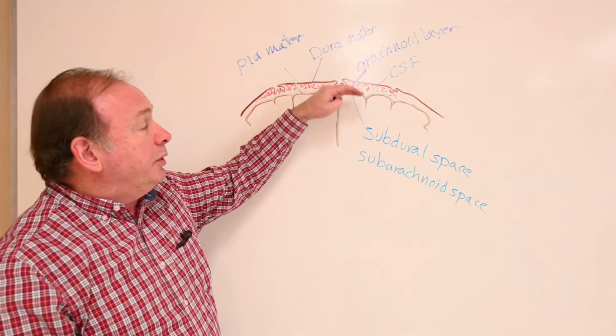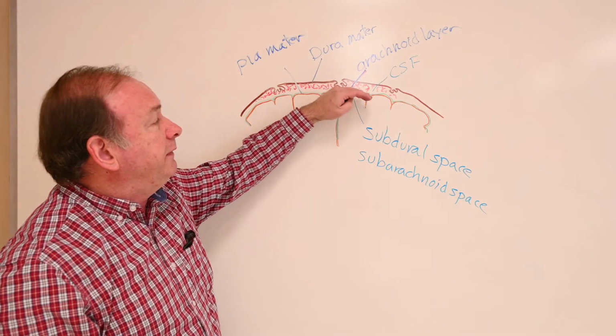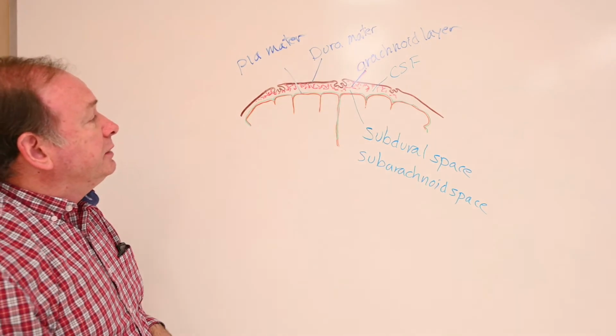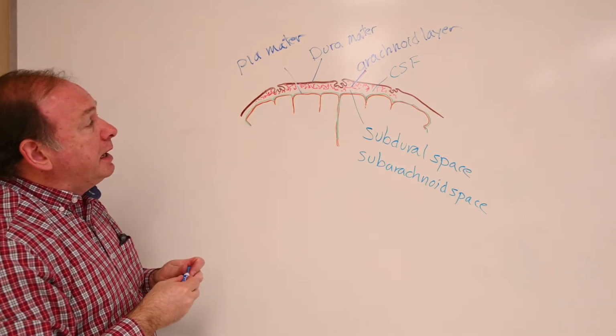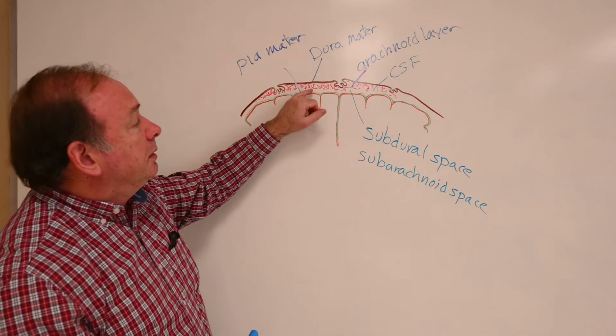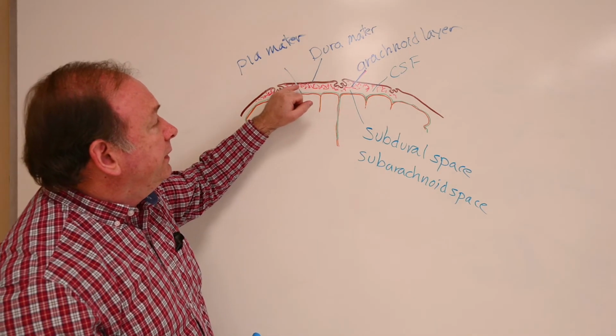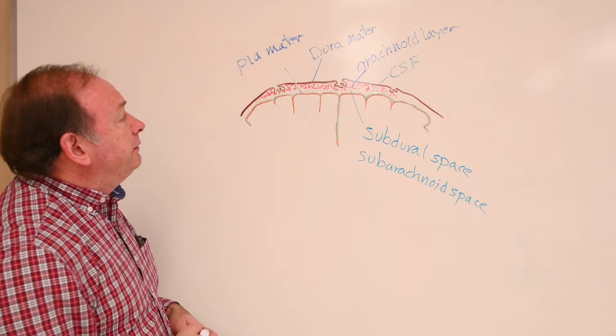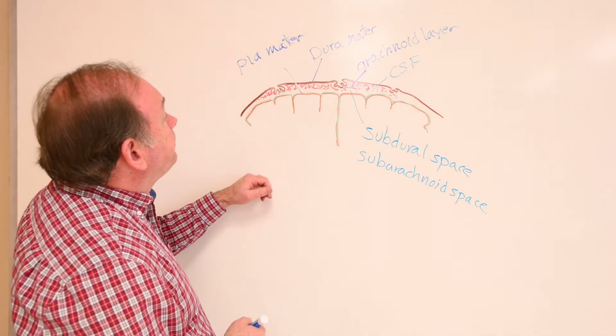It's definitely subdural, but the fluid kind of mixes with that webby layer in there, so either name might be used to indicate that fluid-filled space that lies just to the outside of the brain, filled with cerebrospinal fluid.